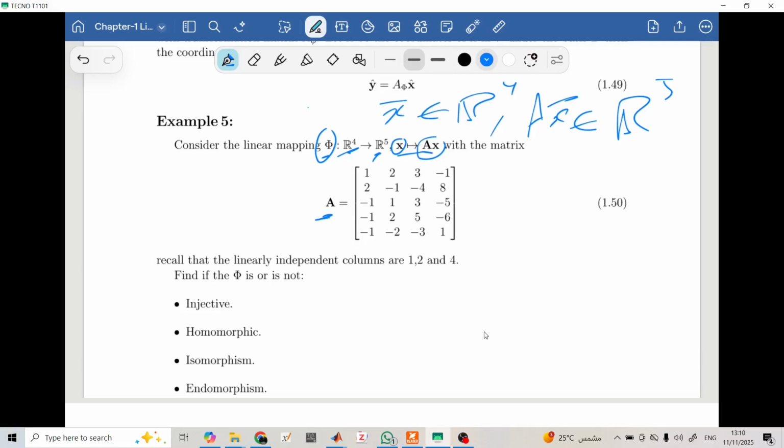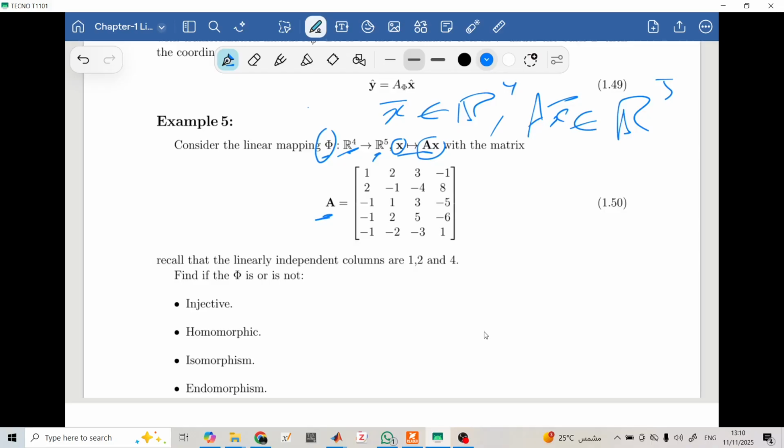A will get multiplied by a vector in R4. So the columns of A should equal the rows of x. x lives in R4, so it has 4 elements, hence it has 4 rows.